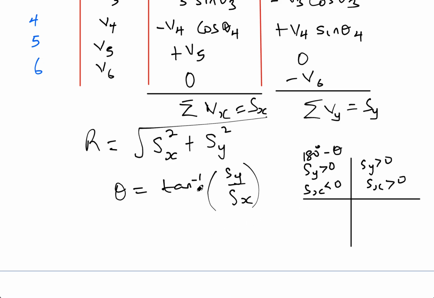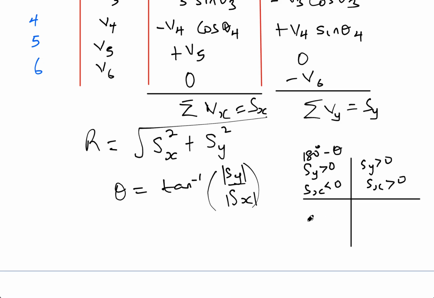Whatever theta you get, you subtract it from 180 degrees. What I'm trying to say here is that always use the absolute value. That is, use the positive value. Don't bother about the sign. Just find the ratio. Then, depending on the sign of your y component and x component, you can determine which one you will use.